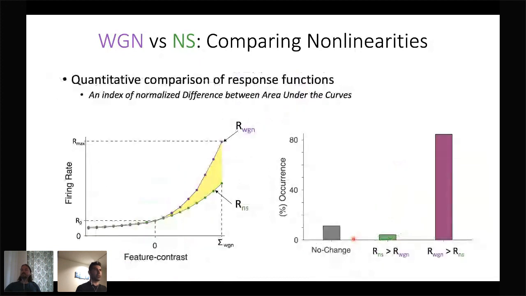We generalize this analysis to cells with different numbers of filters on white noise and natural scenes, and we use a quantitative index to measure these changes in the response functions between these two stimulus regimes.